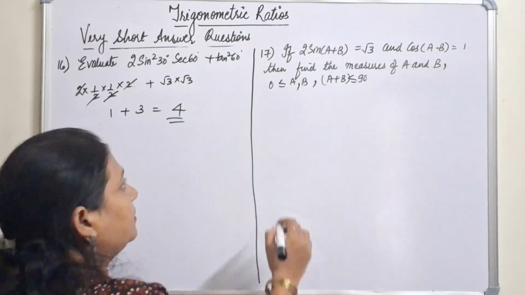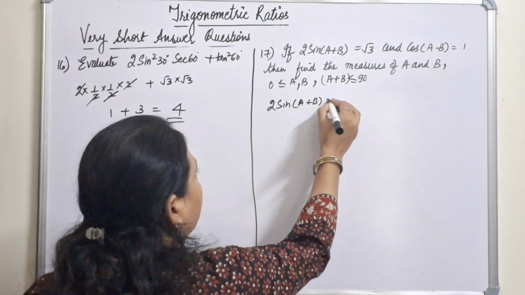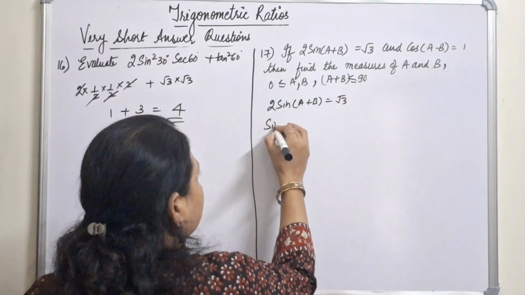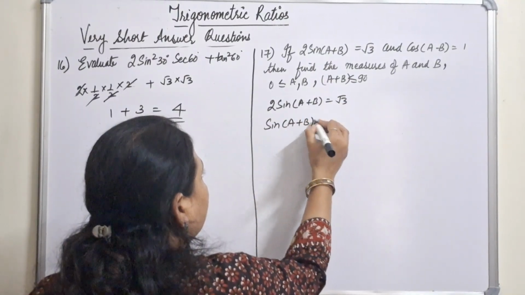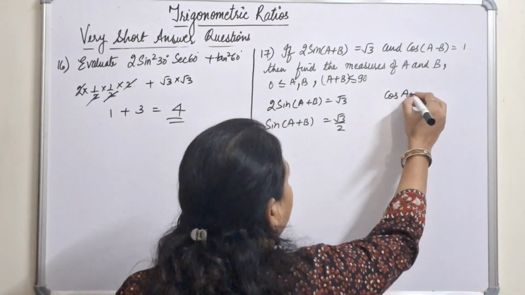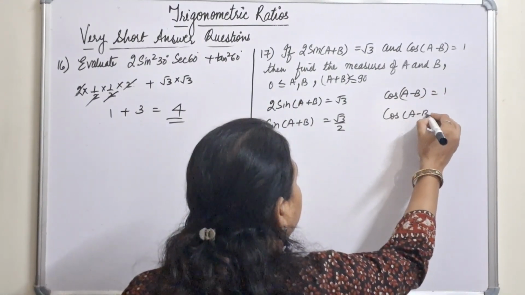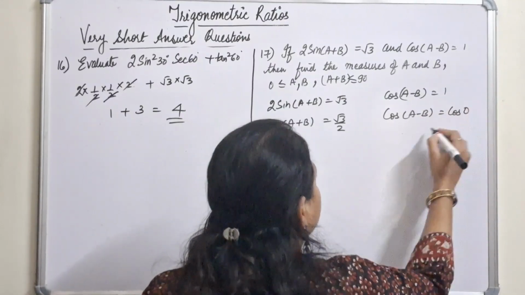Question number 17. 2 sin of A plus B is equal to √3. So sin of A plus B is equal to √3/2 and cos of A minus B is equal to 1. So cos of A minus B can be written as cos 0.